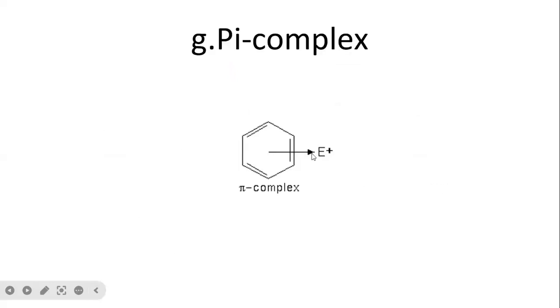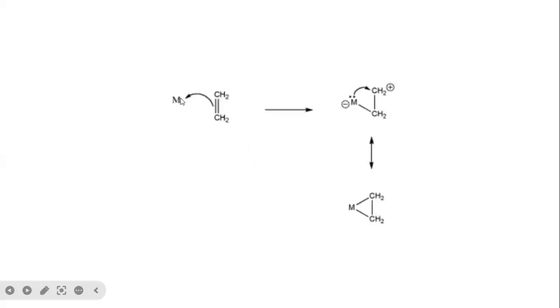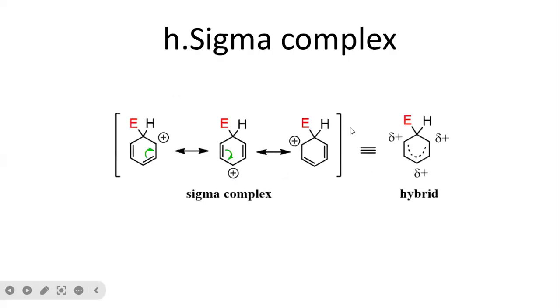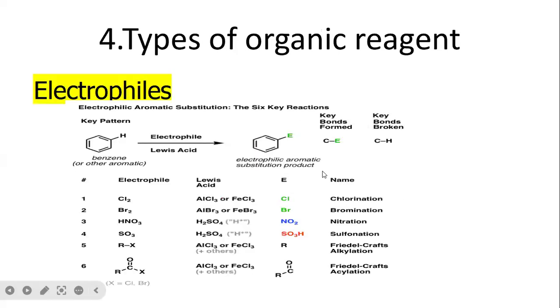Pi complex: the double bond of benzene, like aromatic compounds, shares electrons with the electrophile. It's called a pi complex. This methyl and double bond is also a pi complex. Sigma complex: if the sigma electrons form a complex with a cation, it is called a sigma complex.